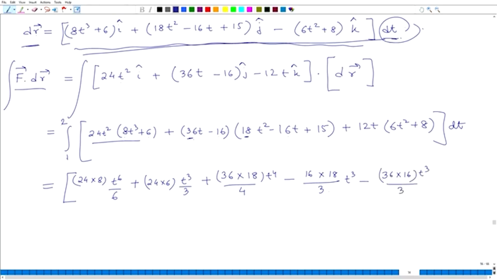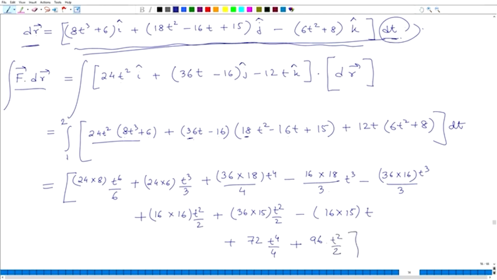I just write it like here, so that it will be easier to recognize the cancellation: plus 16 times 16 t square by 2, plus 36 times 15 t square by 2, minus 16 times 15 t, plus 72 times t to the 4 by 4, and finally plus 96 times t square by 2.